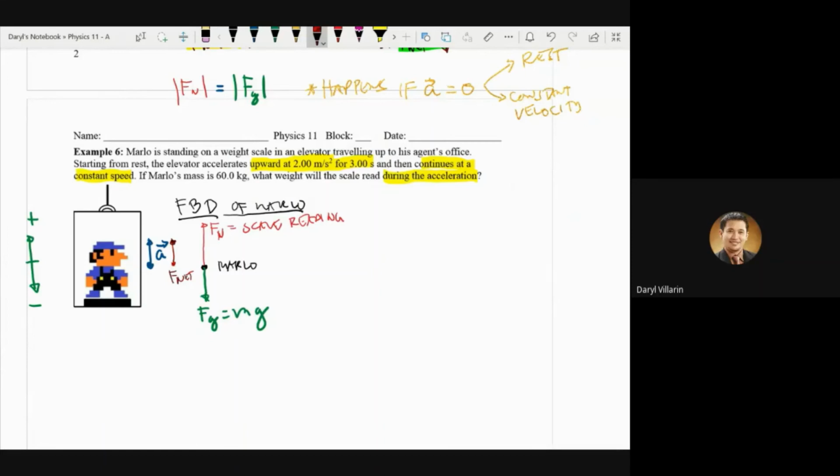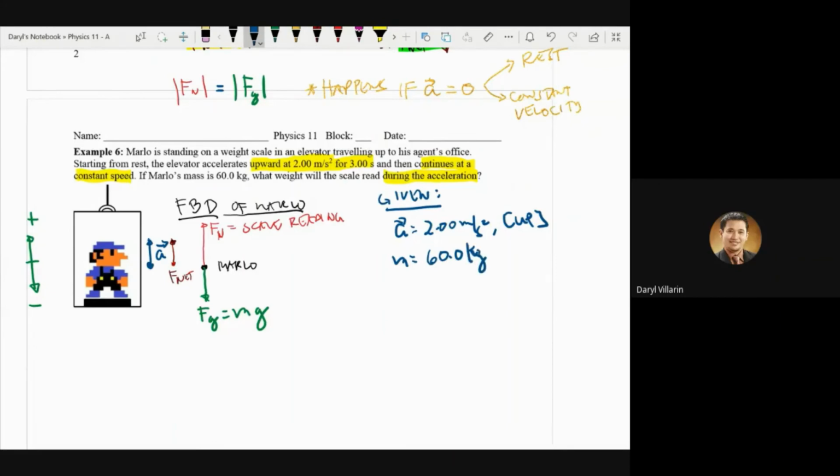Now, there are only two forces acting on Marlo: the normal force and Fg. We're going to take note of the given quantities. I'm given a equal to 2.00 meters per second squared, direction up, and a mass of 60 kilograms, the mass of Marlo.